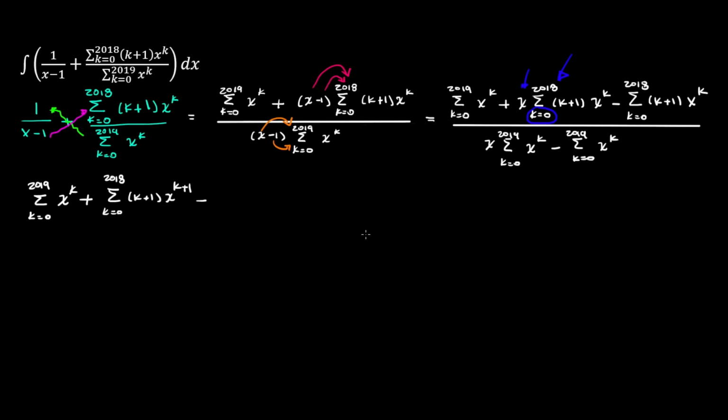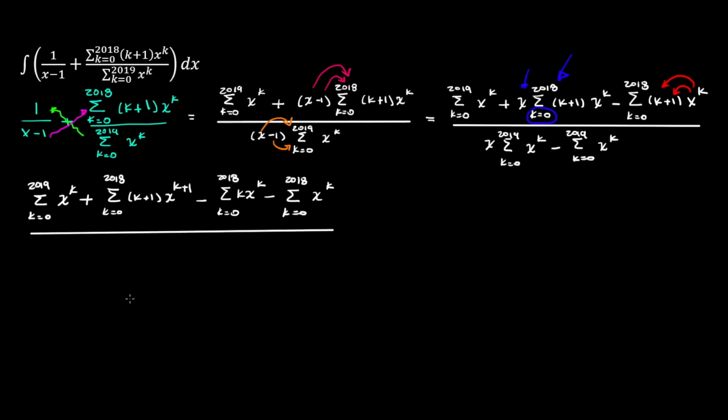And then here we can distribute inside the summation. We can distribute x to the k here and here. So we have summation from k equals 0 to 2018 of k x to the k minus summation from k equals 0 to 2018 of x to the k.